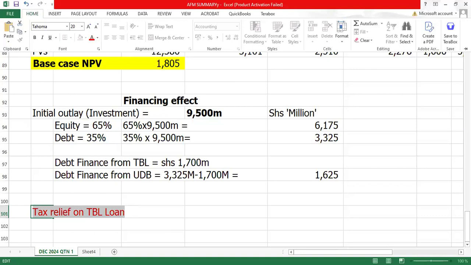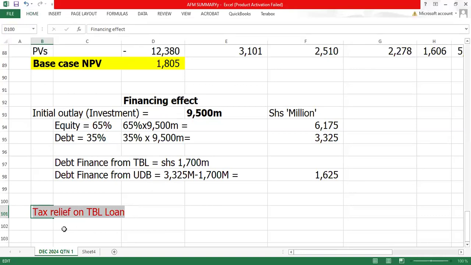Pay attention. You need just the tax relief. How do you get the tax relief, guys? Remember, as you get this, you need the PVs. You don't just need the tax relief, you need the PV of the tax relief. But you cannot get PV when you don't actually have the relief.